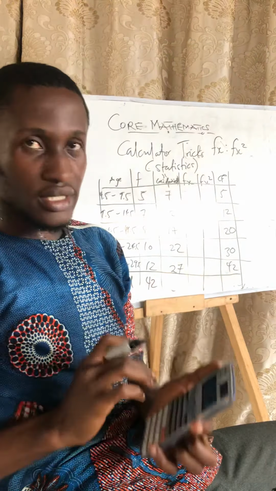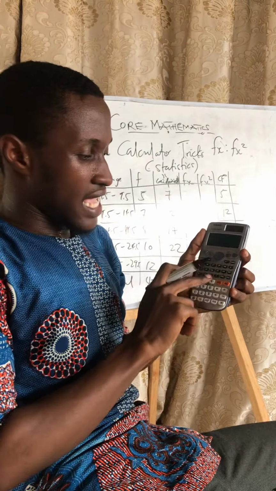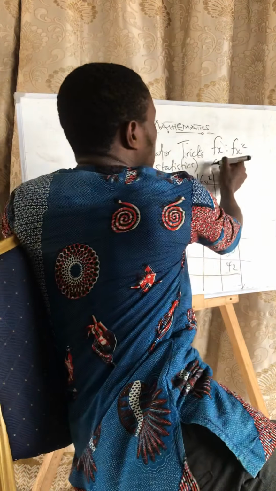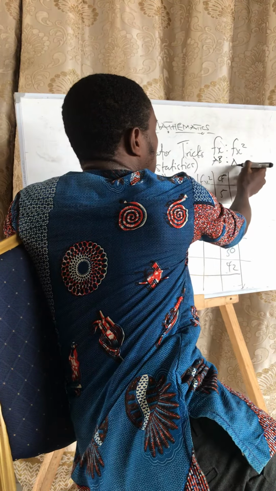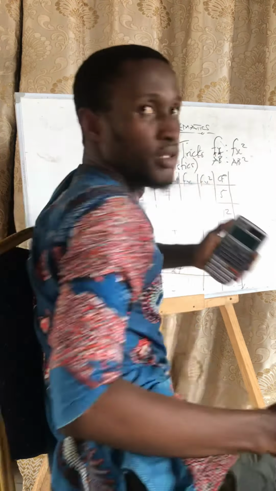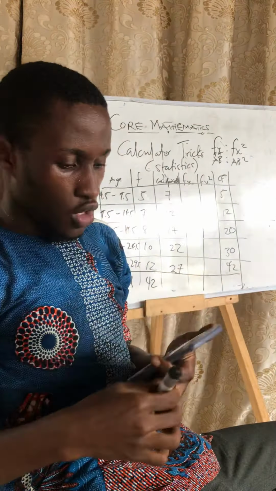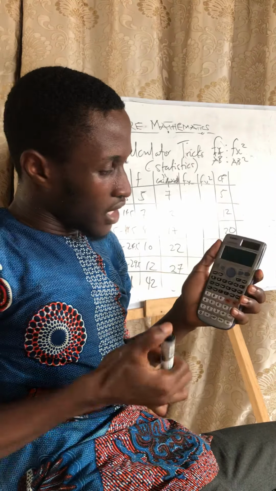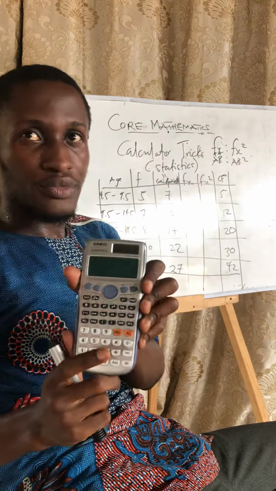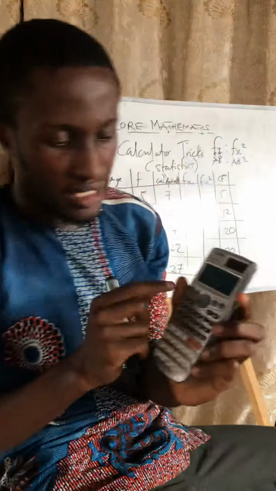Maybe you don't have f on the calculator, but you have x. So let's make it a, b, and then ab squared, whereby a will be for f and b will be for x. On your calculator, you see that you have shift, you have alpha, and other things. And the shift has a color.